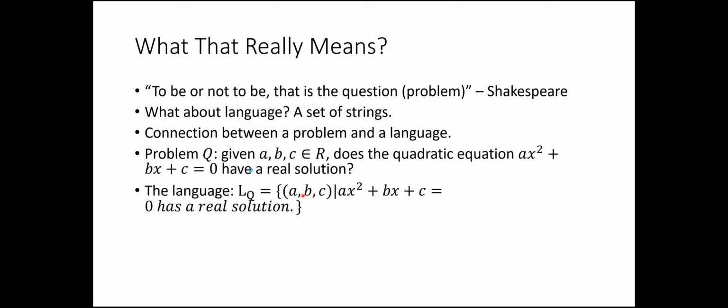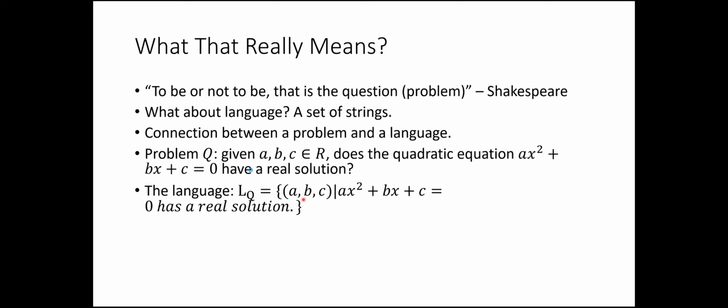That's fine. But anyway, A, B, C are the three real numbers. Okay, you can convert the three real numbers into a binary representation, using the IEEE 754 standard for the floating point representation. And then you can get a binary string.